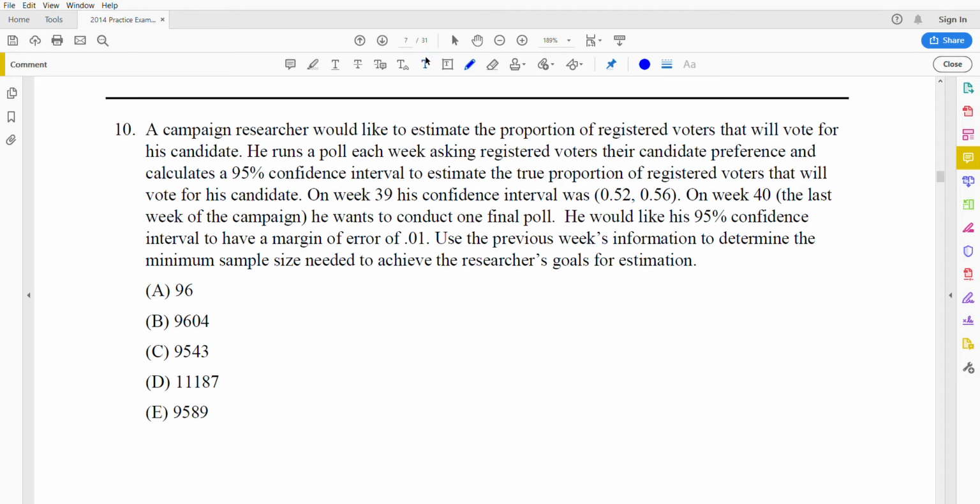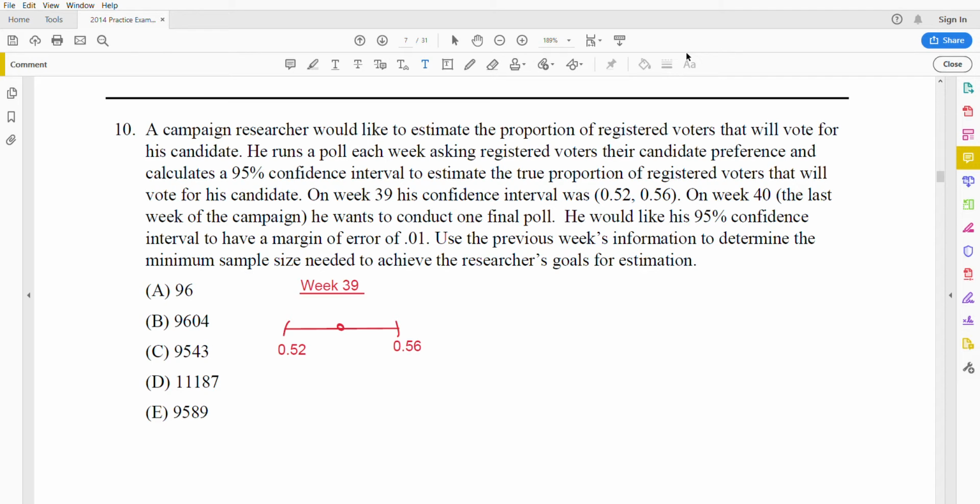So let's see, the first thing here is, okay, week 39. Let's look at the interval. Visually speaking, the interval has the two endpoints and it has some estimate in the center. The endpoints are 52% and 56%.